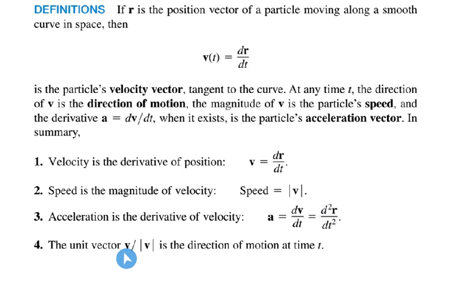And our unit vector, the velocity vector divided by its magnitude, is the direction of the motion at time t. So let's do one pretty simple example where we pull in vector derivatives and then apply them in a velocity, speed, and acceleration context.